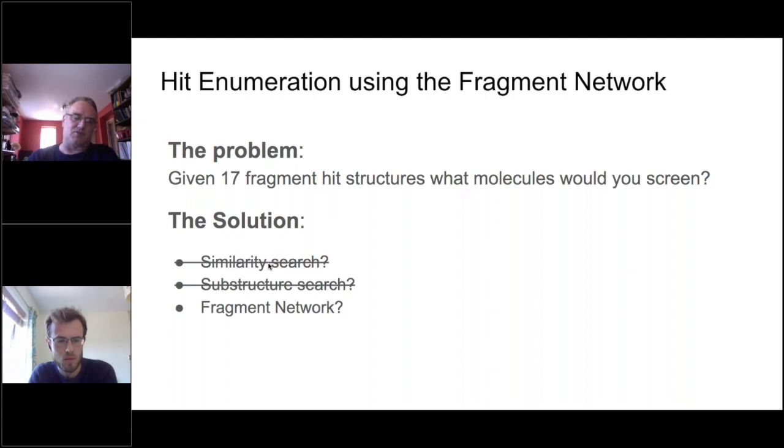It's a well-established way of finding similar chemical structures. But that doesn't really work in this case, because similarity search doesn't work very well for small molecules. It doesn't work that well for big molecules, but for small molecules like fragment hits, which have very few atoms, very few bits in the fingerprint get set, and so you don't get a good signal.